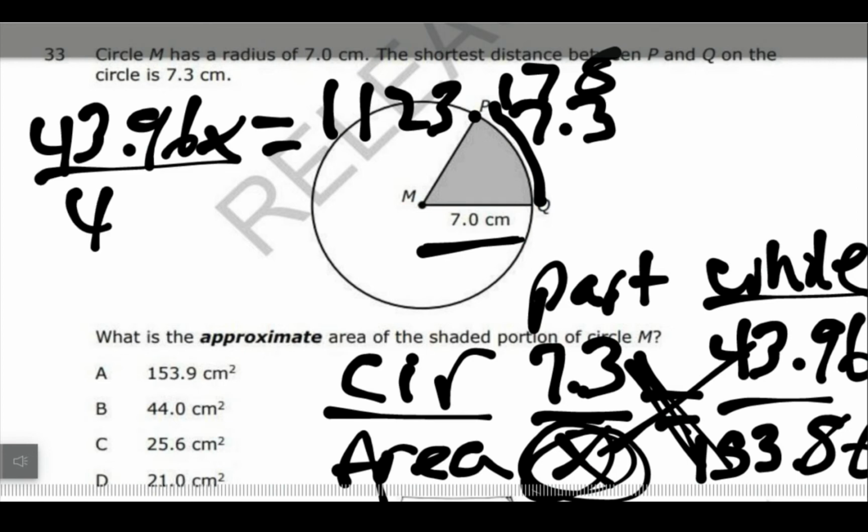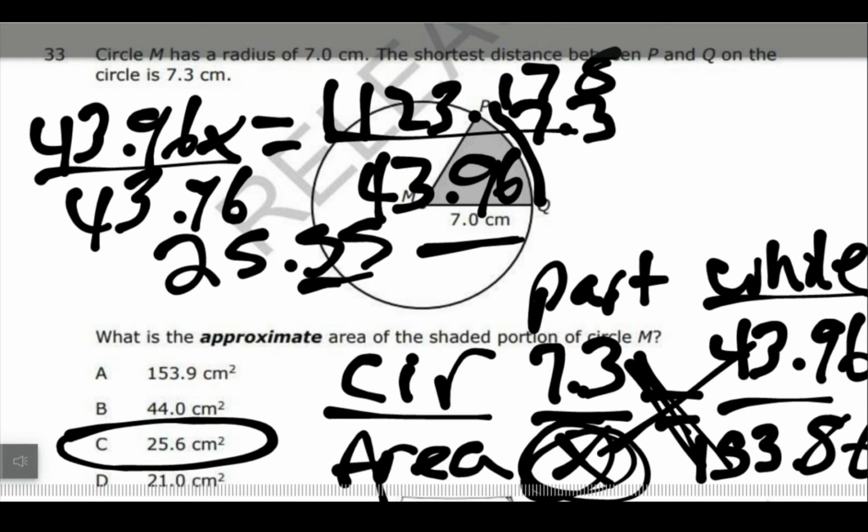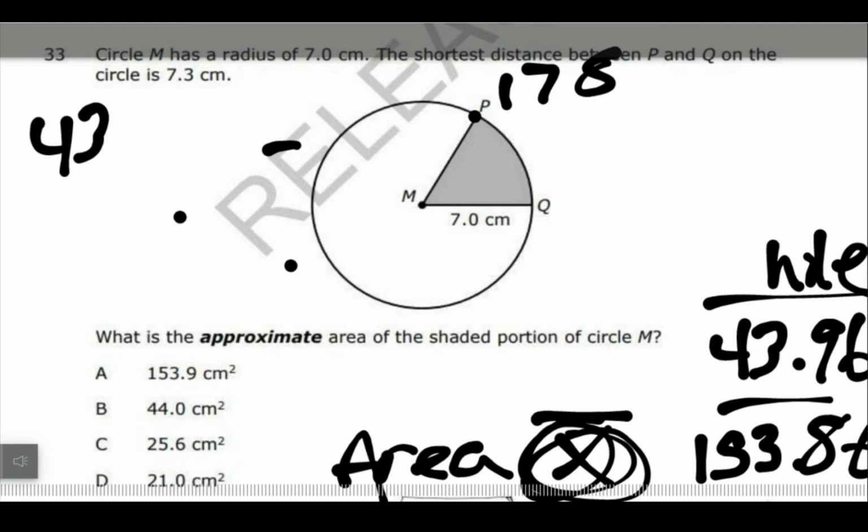And then I'm going to divide by 43.96. All right, and that's going to give me 25.55, which we would round to 25.6, and that would be C. All right, let me erase that one.